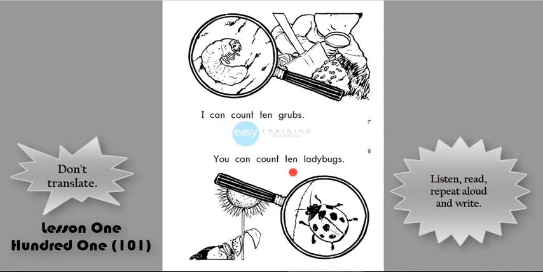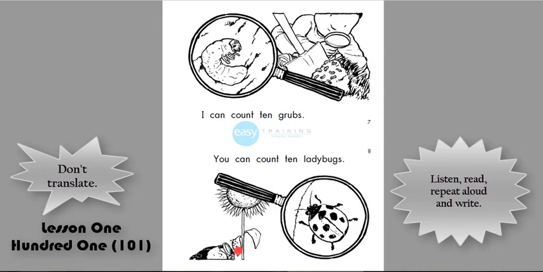In this other picture is a ladybug. This is a ladybug. And one of the kids says that you can count 10 ladybugs. Well, maybe here on this leaf there are 10 ladybugs.